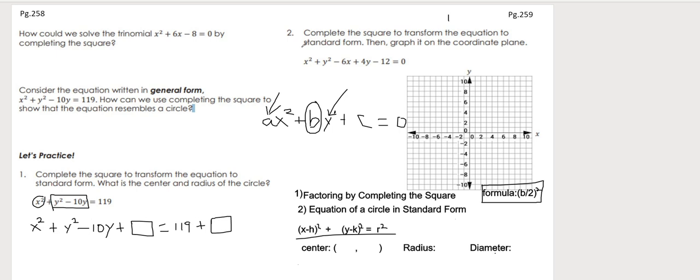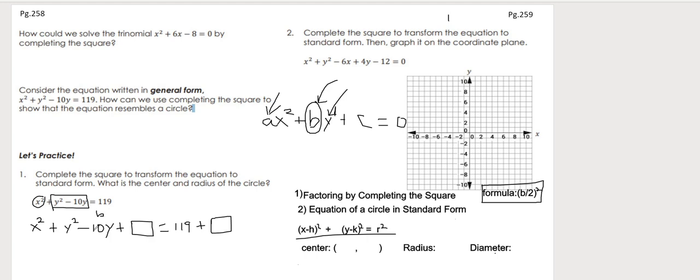So now remember, if we go back here, the value of b is the one that is by the variable that has an exponent of 1. In this case, it is the y. Okay. Notice this has an exponent of 2. The y has an exponent of 2. This has an exponent of 1. So this is my b. This is the value of b.